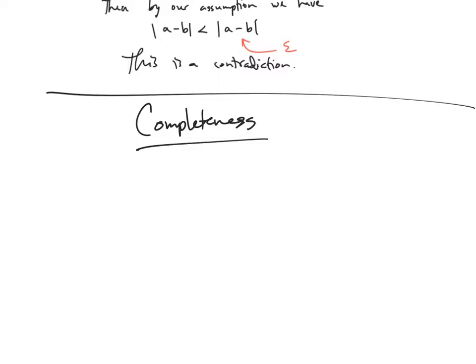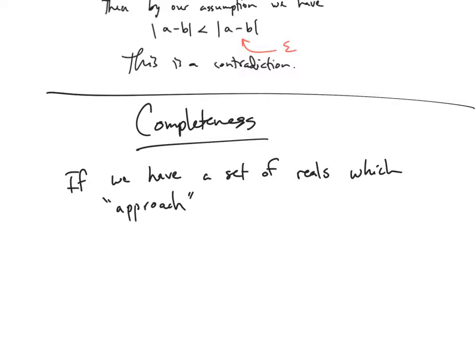Another informal way of saying this: if we have a set of reals which approach something, that thing that they approach is also a real number.